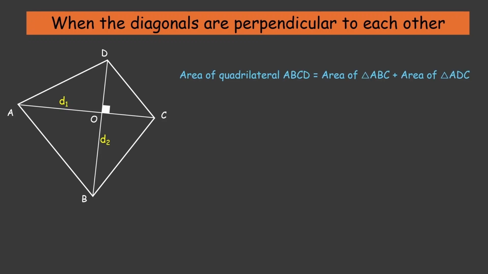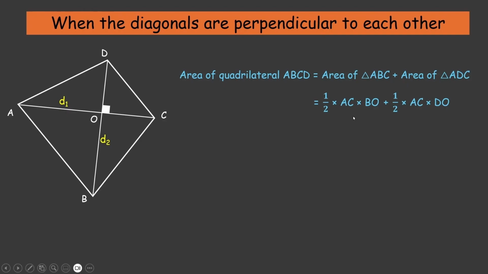Now once again, the area of quadrilateral ABCD is the sum of the areas of triangle ABC and ADC. For triangle ABC, AC is the base and OB is the height, right? So this is half into AC into OB. This is the area. For ADC, the area is half into AC into OD.